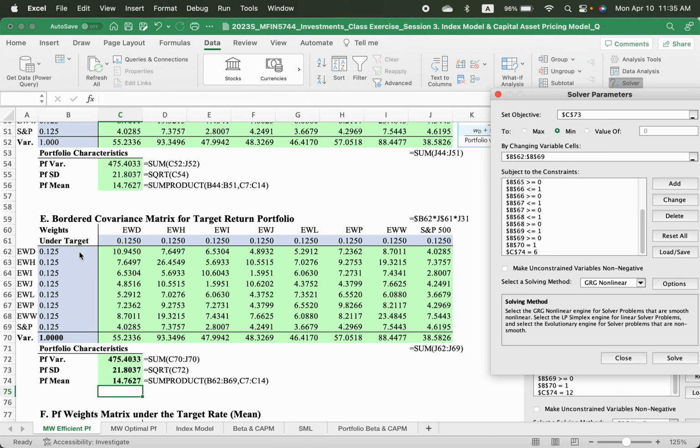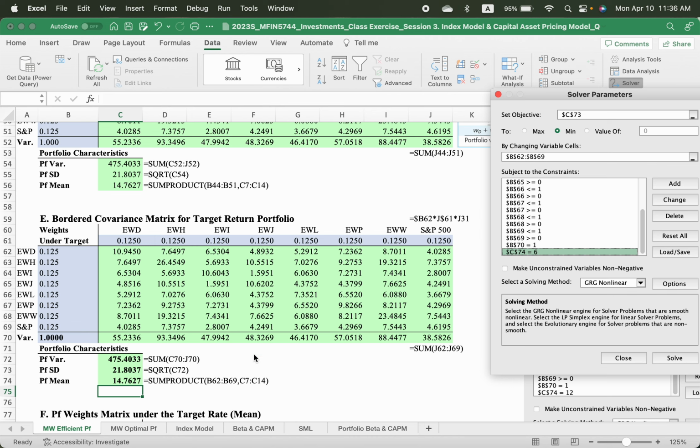That means each invested security must be less than 100%, not allowing short sales or borrowing, right? So here we set up. What is B70? B70 here must be 1, the sum of all. Again, we restrict this investment to only the buy position, right? And then C74, what is C74?